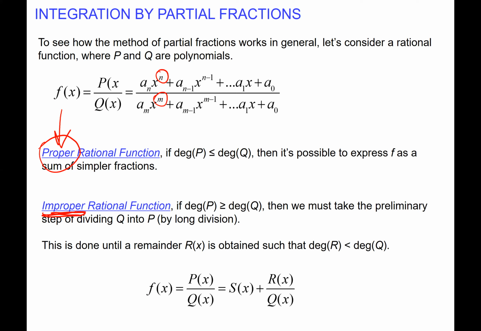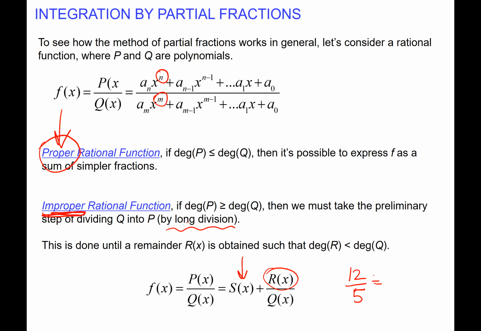We have to perform the long division. We have to divide the polynomial from the top by the polynomial from the bottom, and then we will rewrite it as a quotient and the remainder over the divisor. For example, with numbers, if I have 12 over 5, that's not proper, that's an improper fraction.